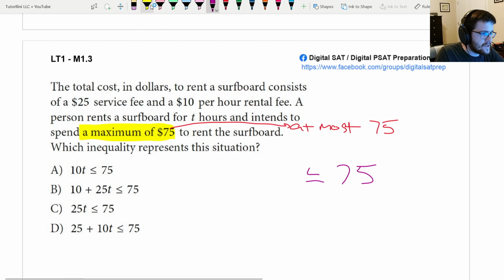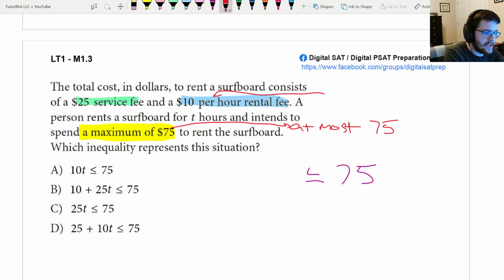All right, so it says a $25 service fee, so that's a flat fee. And then we have a $10 per hour. So per usually indicates we have some kind of slope. So this cost is a linear function, mx plus b.